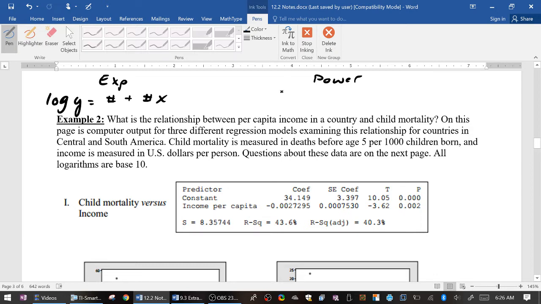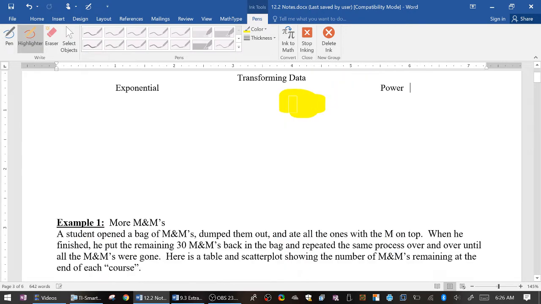With the power model, you'll have a log on your y value, and on the other side, you will also have some number associated with a log of the x value. So exponentials just have a log on y, and power functions have a log on x.